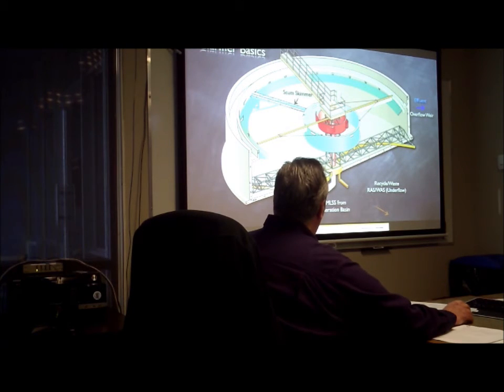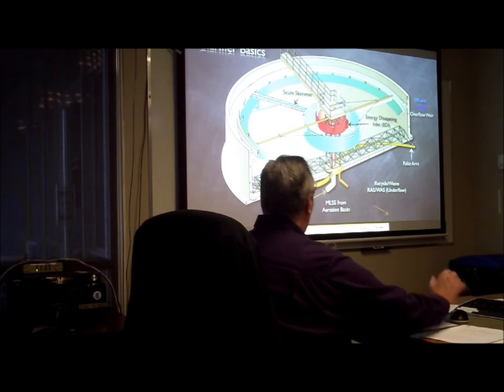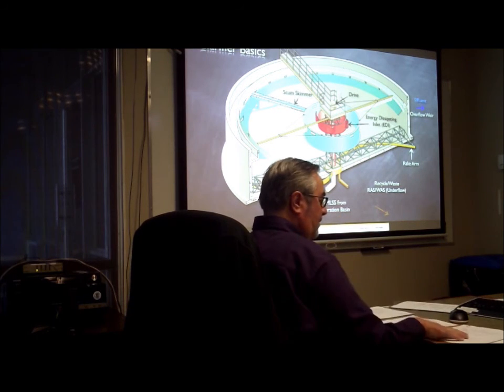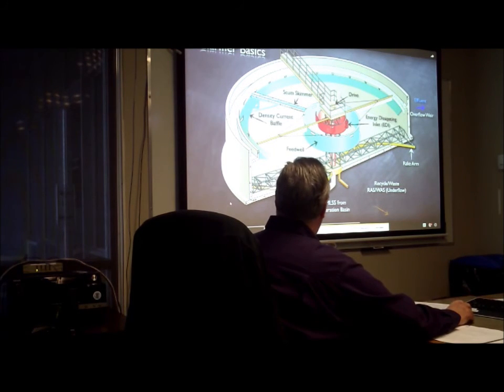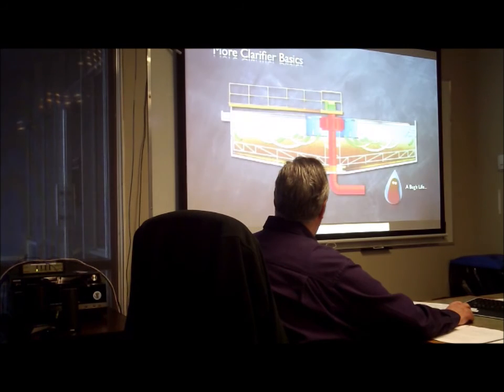Without going into too much detail, some other important components of a circular clarifier include the rake arms, an energy dissipating inlet, the drive mechanism, a feed well, and a density current baffle. To review, particles, represented by our bug here, enter the clarifier suspended in the water.